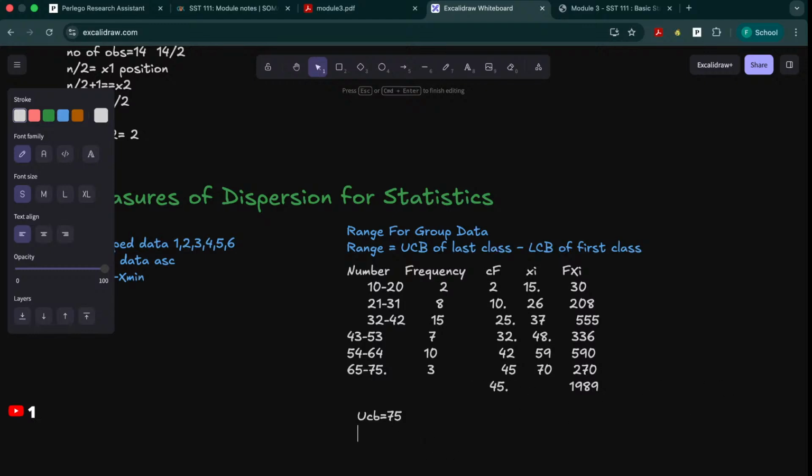Then the lower class boundary is equal to, I think, 10. So our range should be 65.